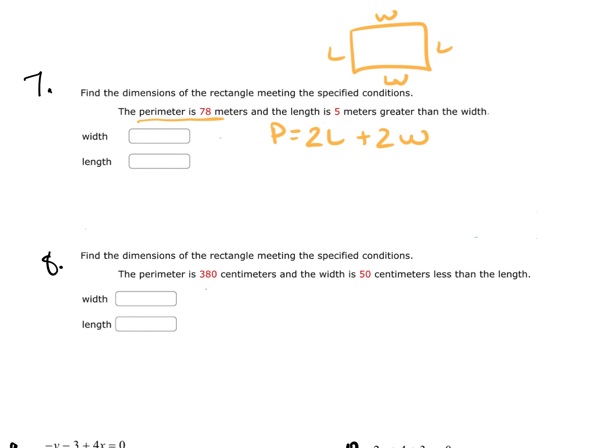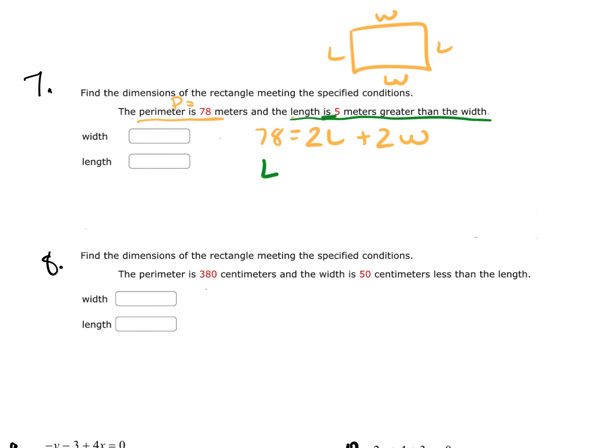Now it's telling us that the perimeter is what? 78. So I'm going to plug that in for P. And then it says the length is 5 meters greater than the width.